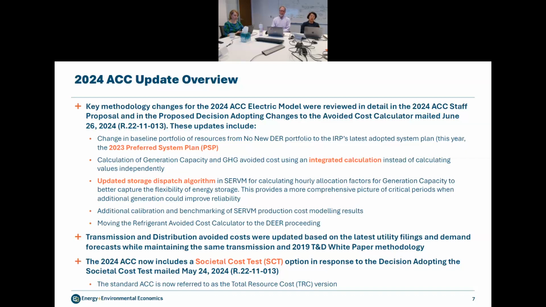The ACC we used to do is now referred to as a total resource cost, or TRC, perspective. Now the users will be able to toggle between both perspectives in the electric and gas model. All right, so that's a summary of what has changed. Let's move on to the next slide.